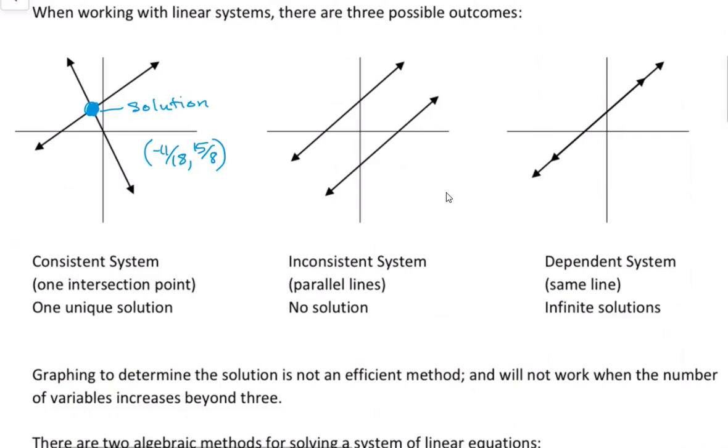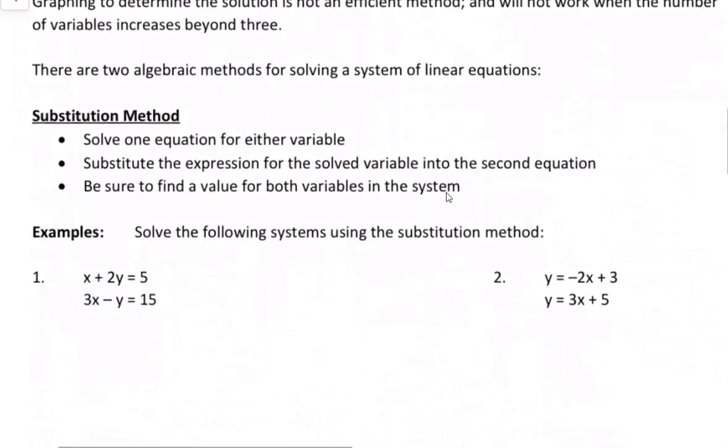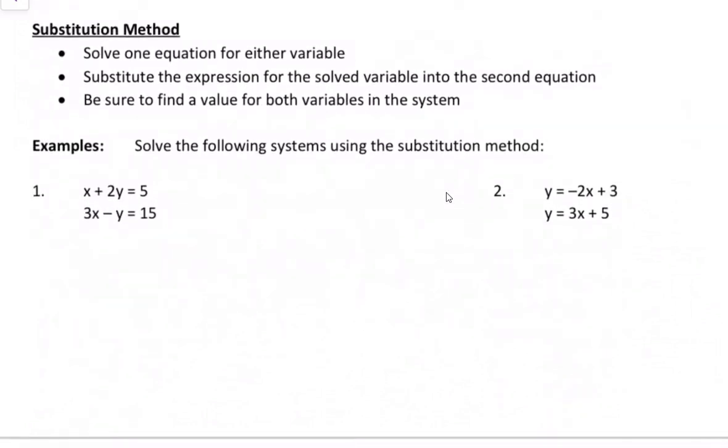So there are two algebraic methods that we're going to talk about. And the first one is called the substitution method. And it does what it sounds like. We're actually going to substitute one of the equations into the other. So what I first have to do is identify one variable from one equation and get that variable alone on one side.